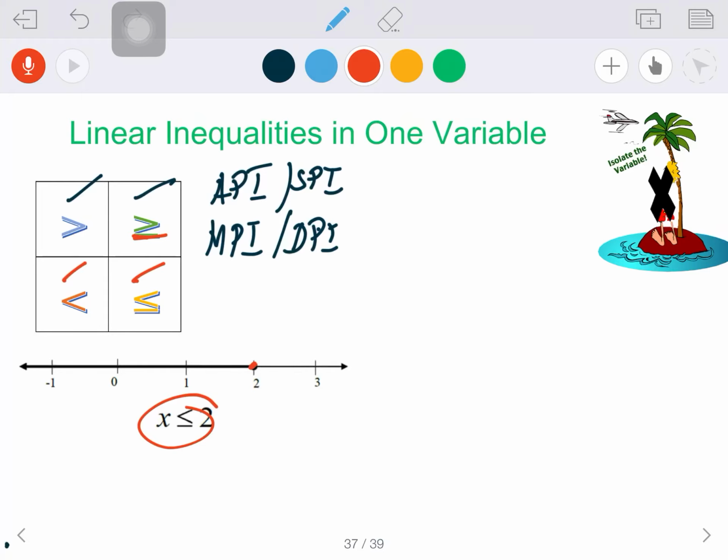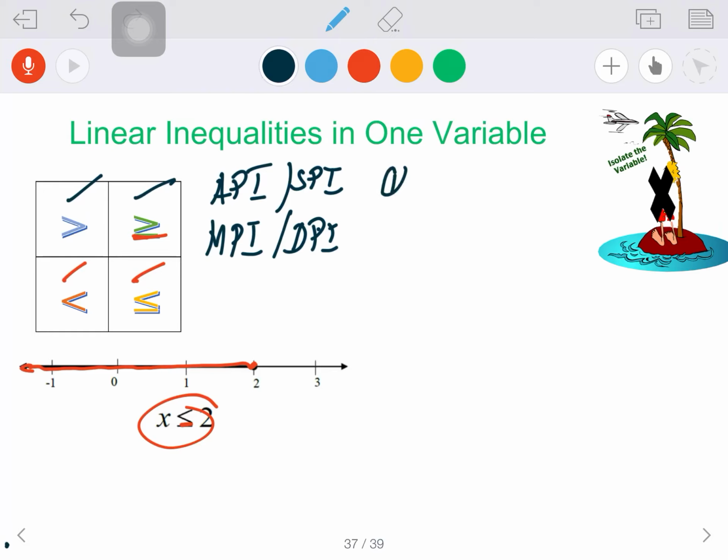There are two ways of shading it. You have solid shading if there's an equal to sign, and it's empty if there's simply less than or greater than. So here the direction of the shade goes to the left because it's less than. All right. So let's try some examples and solve them.